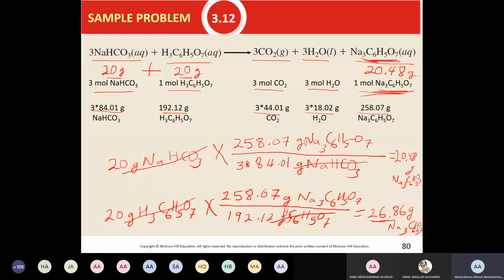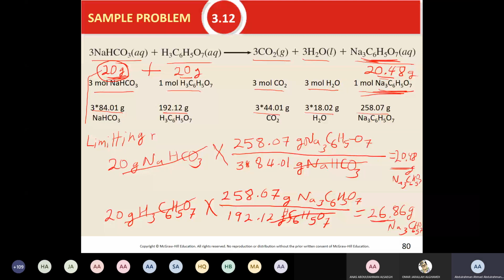This one will finish. When you make this one, all of this will be gone, but this one we will not need this amount. We call in this case the 20 gram here limiting reactant.